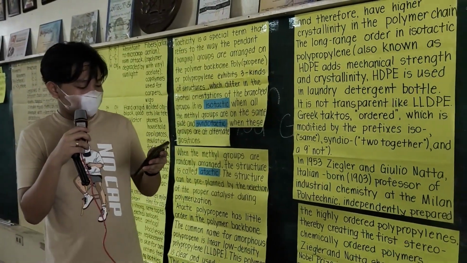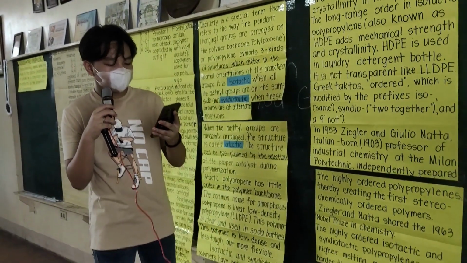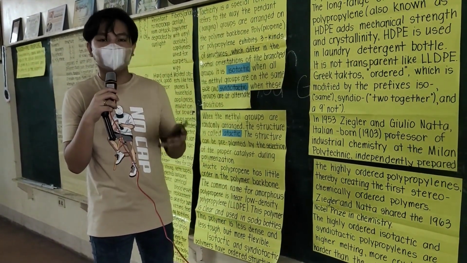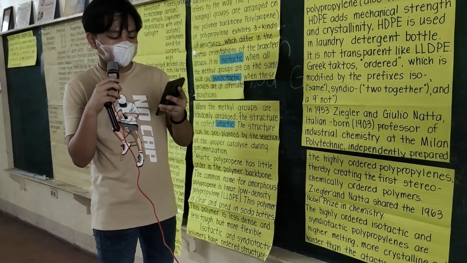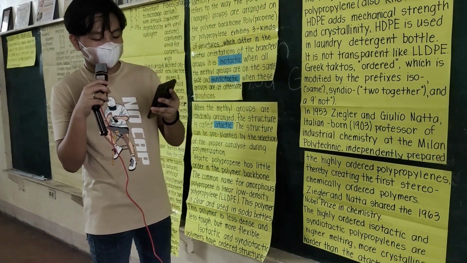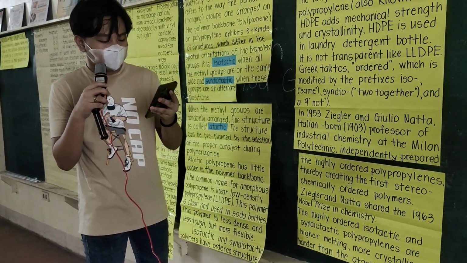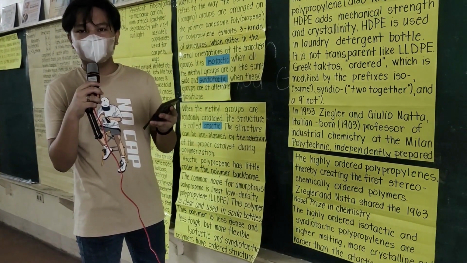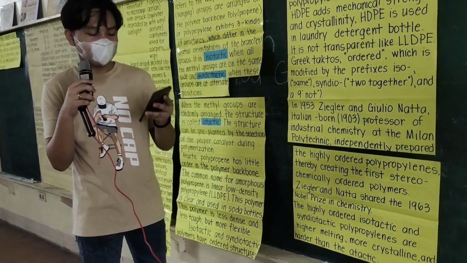In 1953, Ziegler and Giulio Natta, Italian-born, 1903, professor of industrial chemistry at Milan Polytechnic, independently prepared the highly ordered polypropylenes, thereby creating the first stereochemically ordered polymers. For their pioneering work, Ziegler and Natta shared the 1963 Nobel Prize in Chemistry.